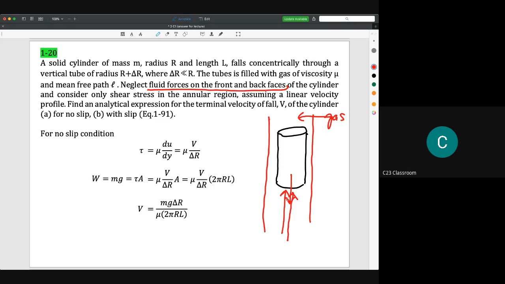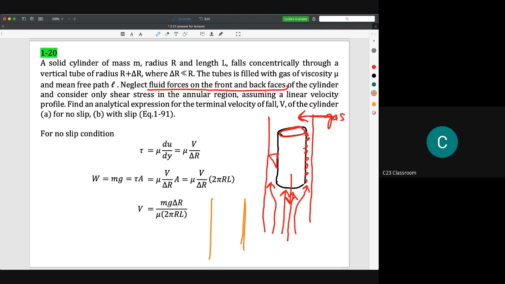We just assume the resistance means the effect of the viscosity of the gas inside this tube on the surface only. On the surface, the flow will flow through this narrow channel, narrow gap. Because this cylinder is moving at a certain velocity, the velocity profile will become like this. You could imagine that.